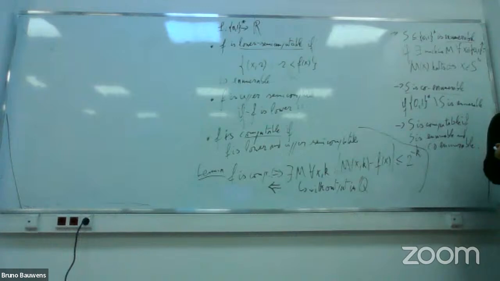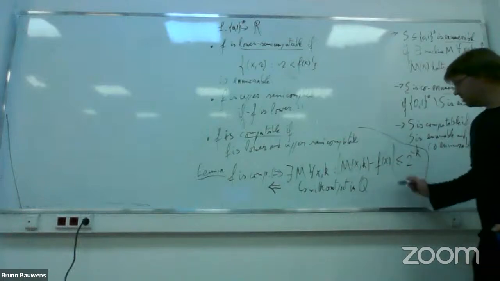So if we remove the brackets, M of x and k would be less than 2 to the minus k plus f of x. And as 2 to the minus k is always positive, we get that the output of M of x and k is less than f of x. And that means that it's lower semi-computable.